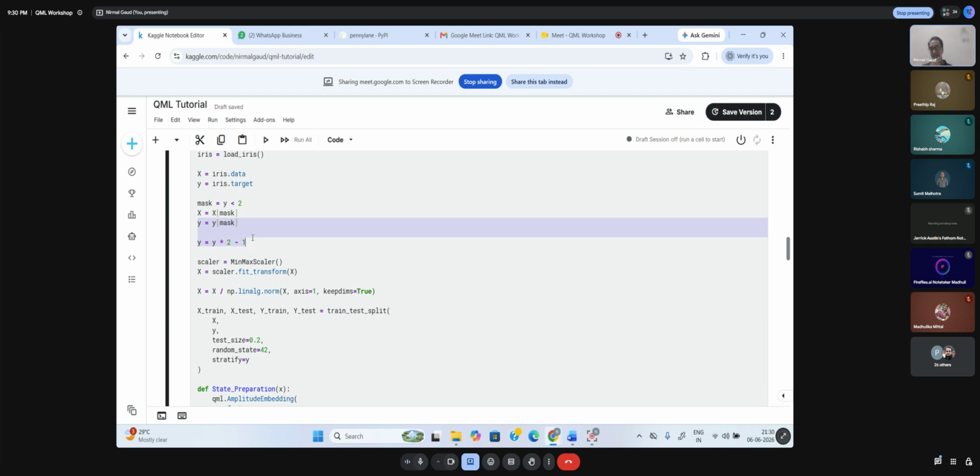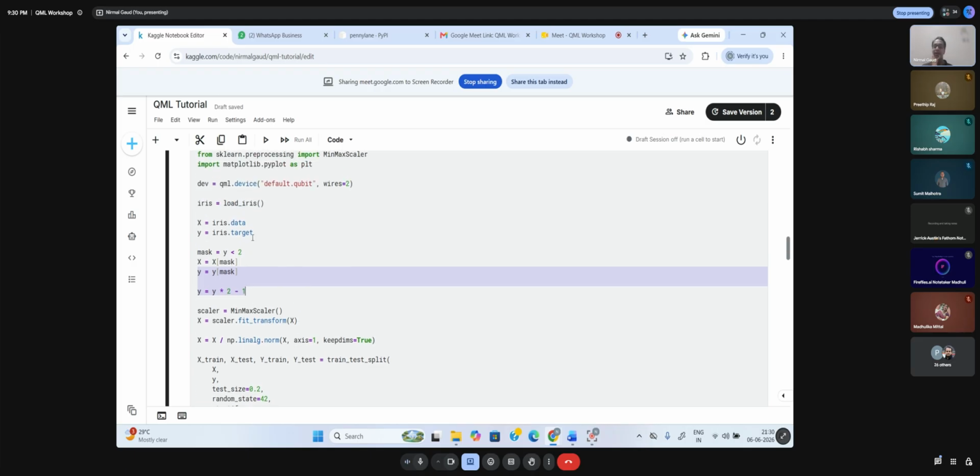So it's related to 0 and 1 as an output. Listen to what I'm expecting: y less than 2, and x equal to x mask.